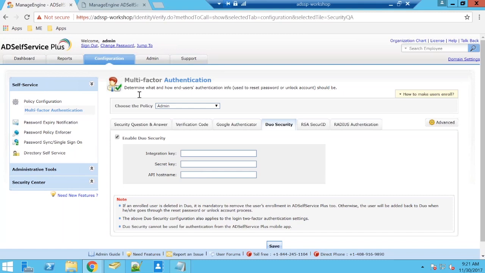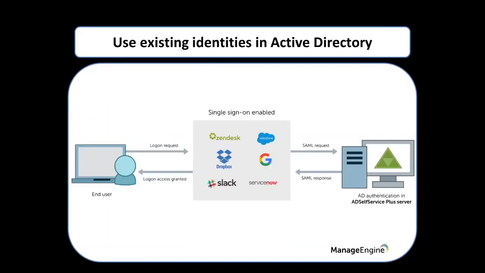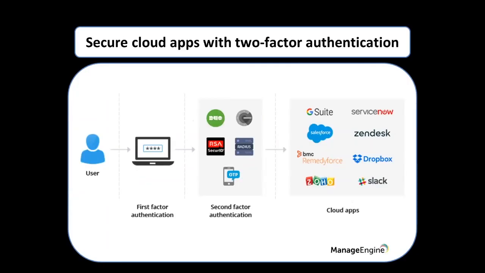So yes, multi-factor authentication comes into the picture during a reset password or unlock account operation, because password resets are as important as securing an account, because resetting a password is one of the easiest ways to break into a user's account and gain access. So we have multi-factor authentication for password resets and account unlocks, and two-factor authentication which takes care of the login. All right, so this can also be customized based on OUs and groups present in your Active Directory.